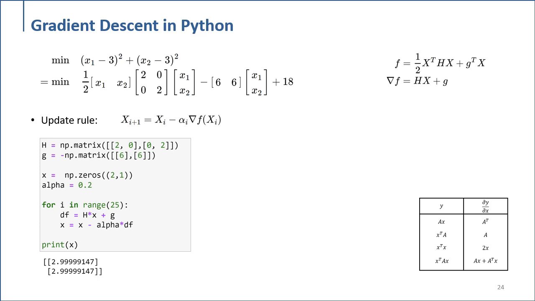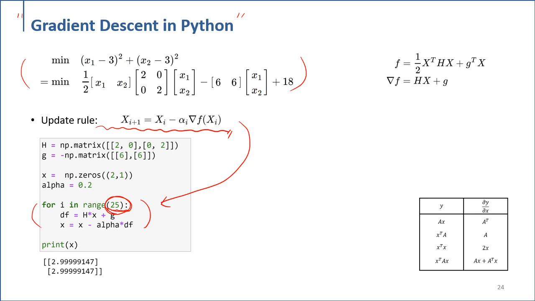Before ending, let me briefly explain how to implement gradient descent in Python. For this optimization process, the idea is just to update the value using gradient descent. You can simply implement this code here: for i in range(25), which means you're going to do a 25-step iterative process.